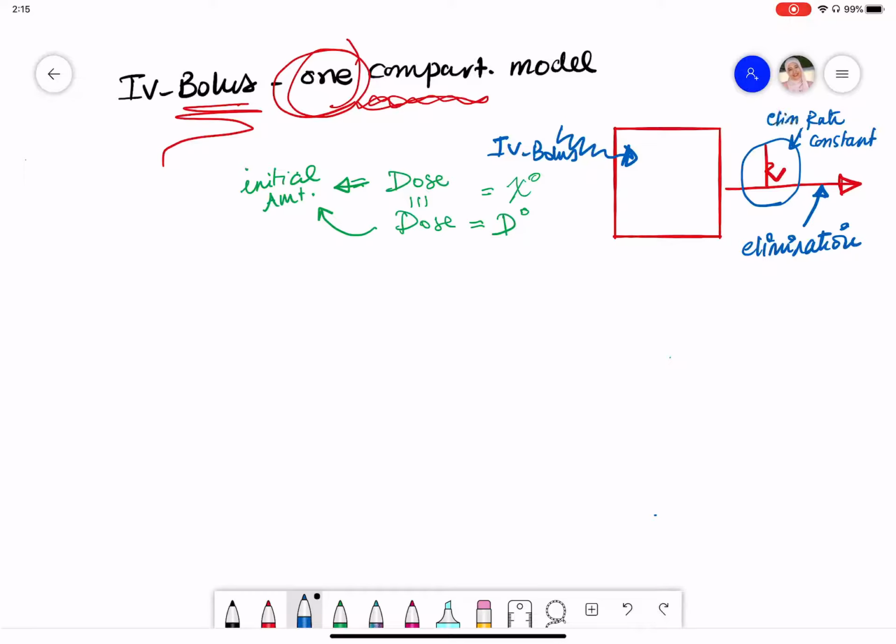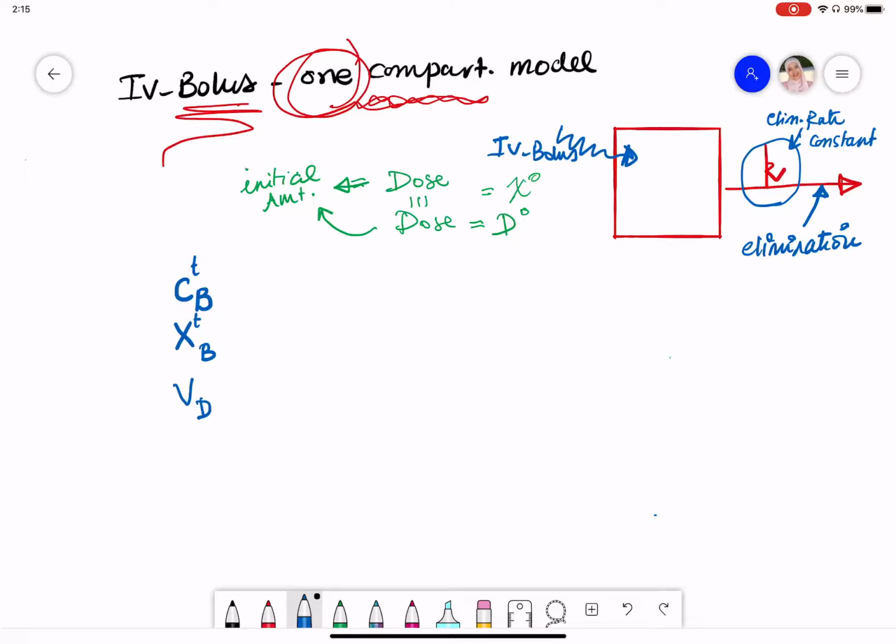Another thing, we will have something that is related to the concentration of the drug in the body, and we will have the amount of the drug in the body, and this will be at time t, and we will have the apparent volume of distribution, and we will talk about this too.